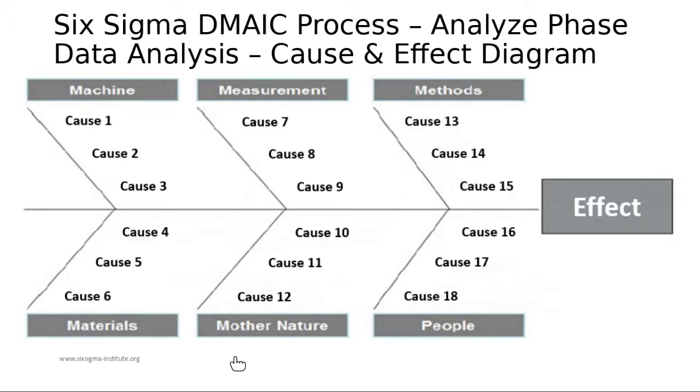Sometimes even emotion. People or humans, their performance is sometimes based on their emotions. So you have to consider that as a nature, and the variation it caused could fall under that category as well. People, if training is not there, salaries and so on. You can combine categories together, and you can change them based on the problem.